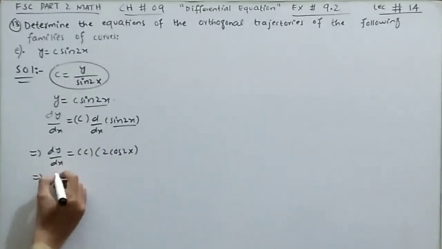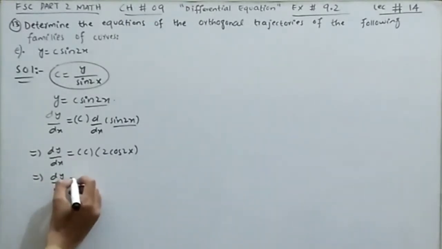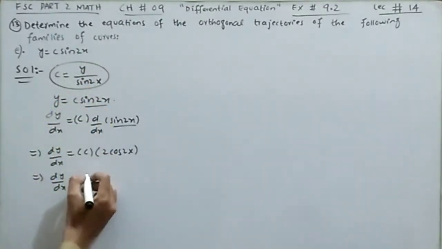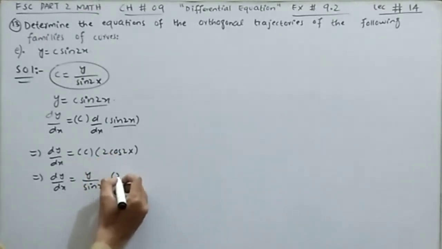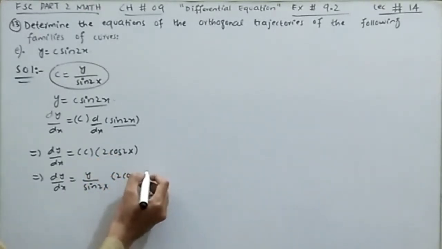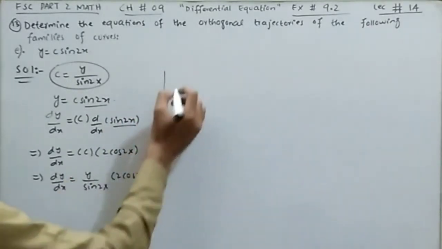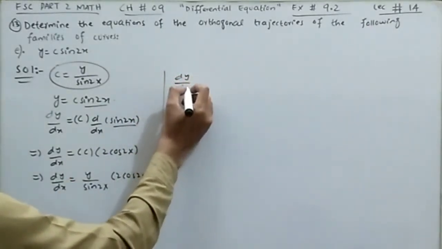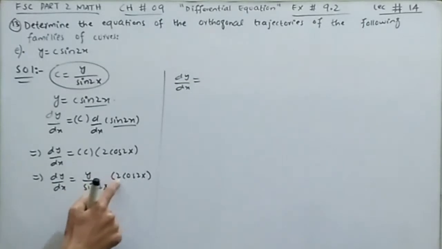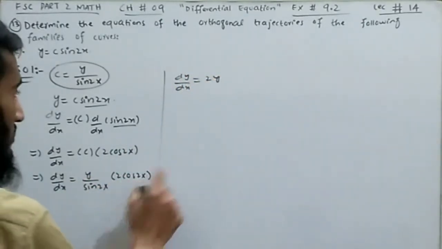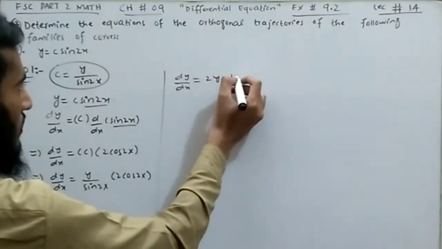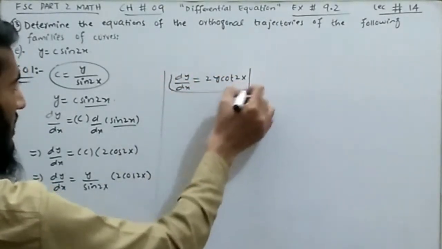Furthermore, dy by dx will be, c is actually y over sine 2x, so it becomes y over sine 2x and 2 cos of 2x. So dy by dx will be 2y, and cos over sine gives us cotangent 2x. 2y cotangent 2x, this is the dy by dx.